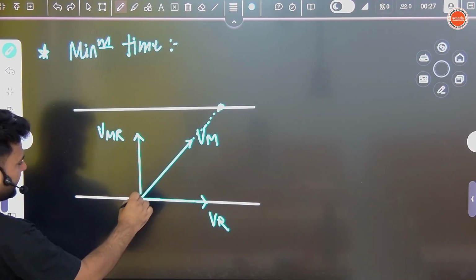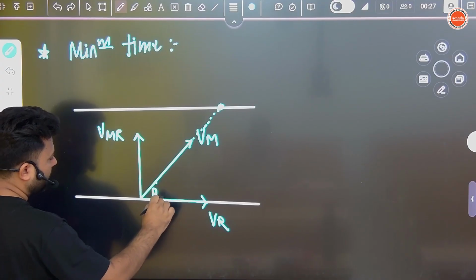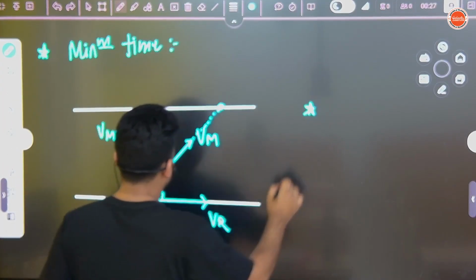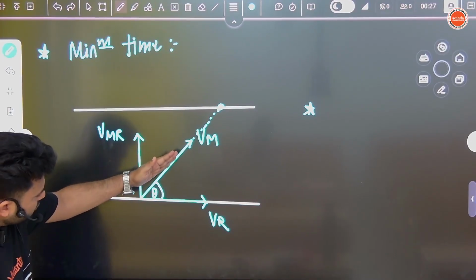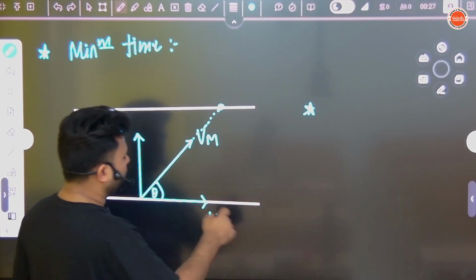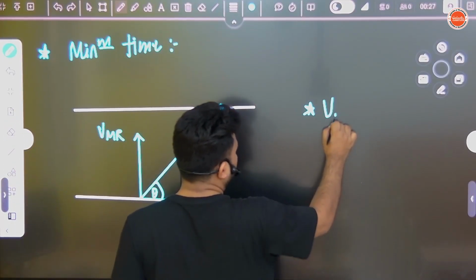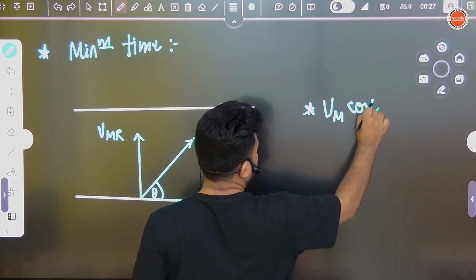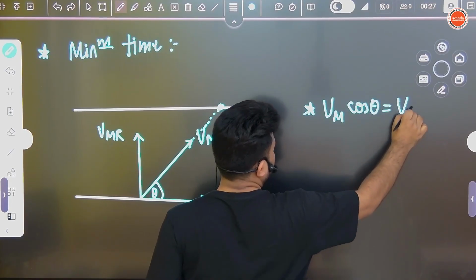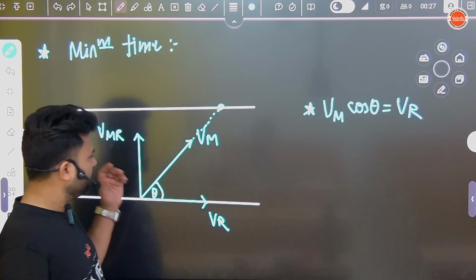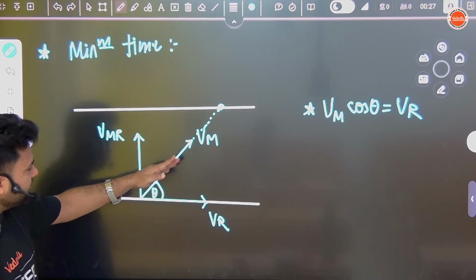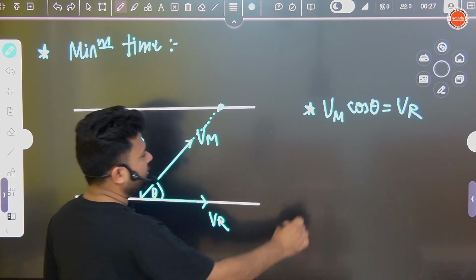So suppose this is the angle theta. What things can we write? First, this is Vm, you resolve it towards theta. So it will be Vm cos theta. So Vm cos theta equals VR, and Vm sin theta will be equal to VMR.